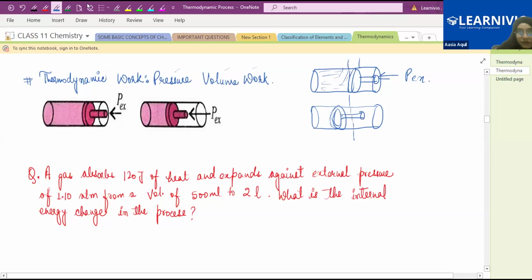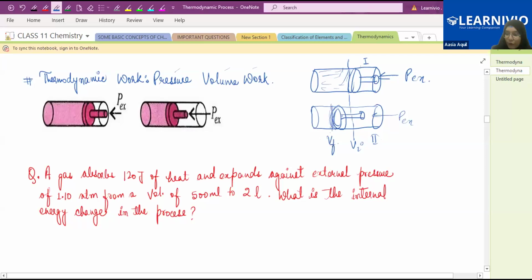So see, this is your initial volume. You see the first figure and this is the second figure. When you apply P external, the initial volume was this. After applying the P external pressure, the volume decreases and becomes this, VF.